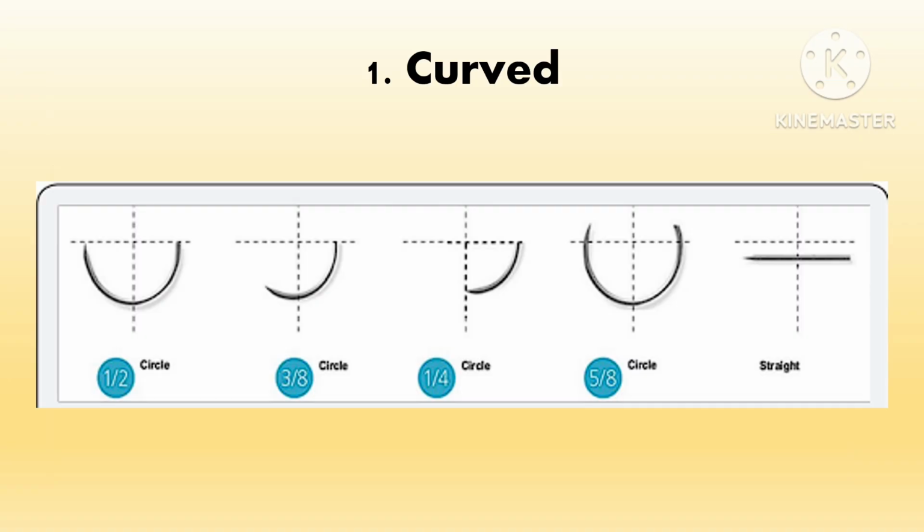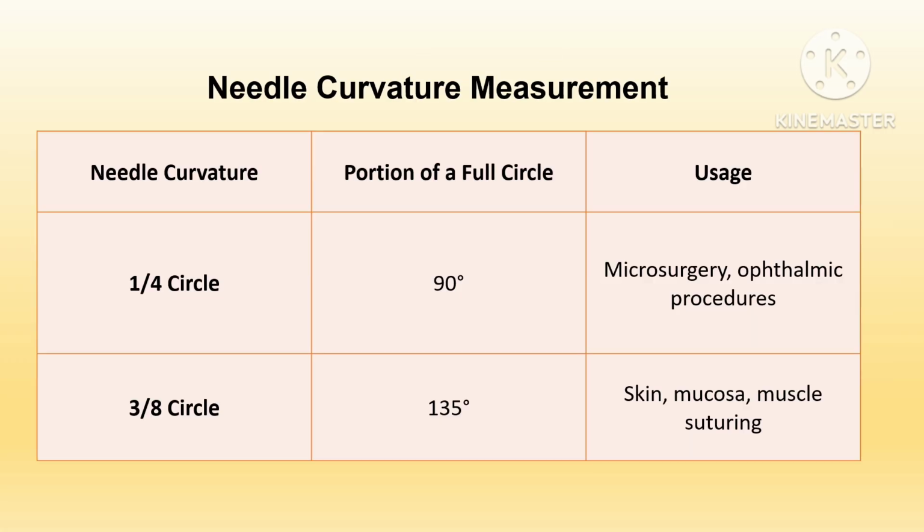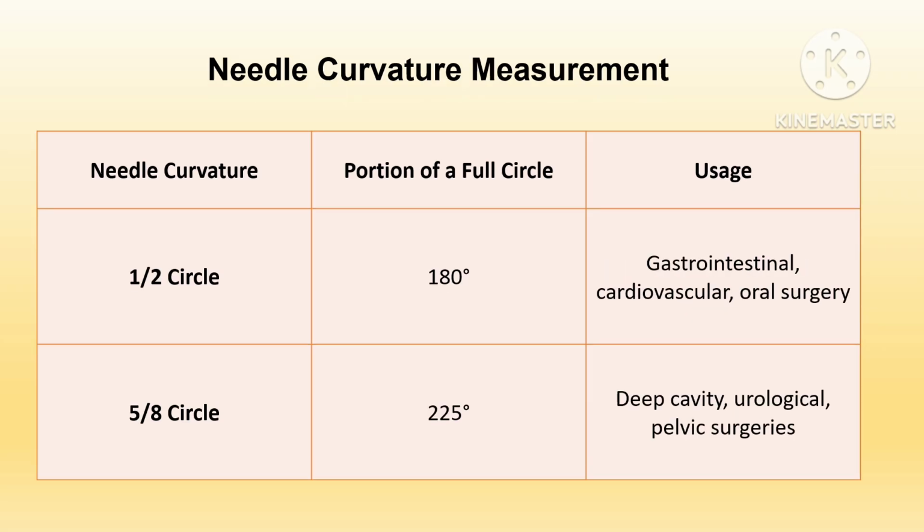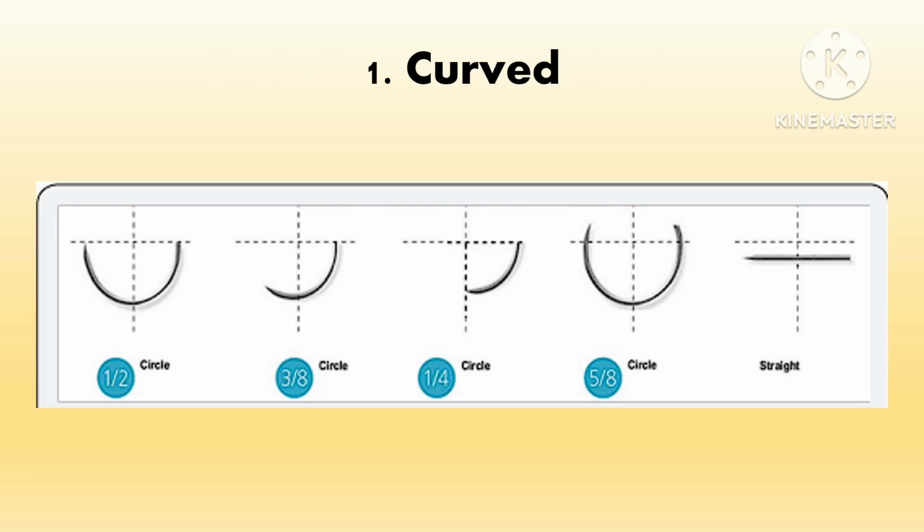Curved needles are classified by the portion of a full circle they represent. A 1/4 circle represents 90 degrees of a full circle. A 3/8 circle represents 135 degrees. A 1/2 circle covers 180 degrees, and a 5/8 circle covers 225 degrees of a full circle.